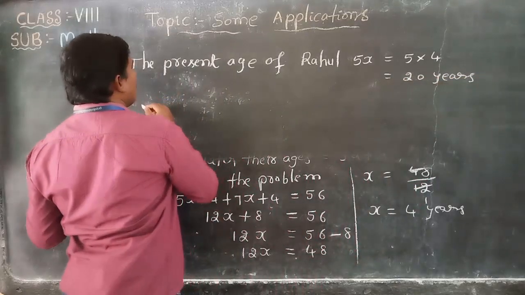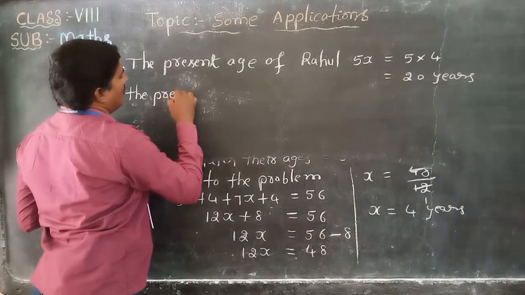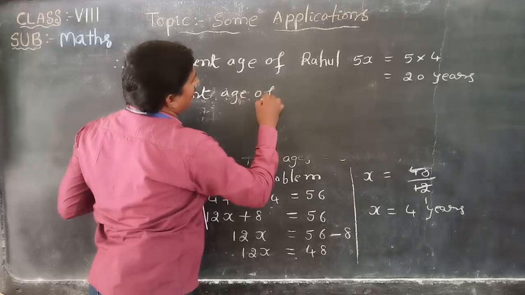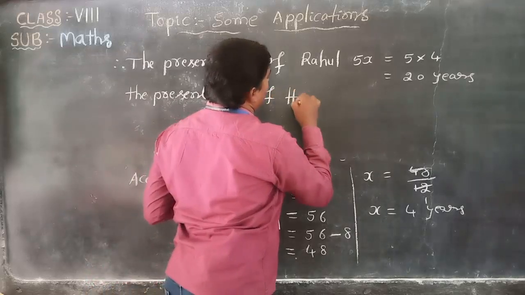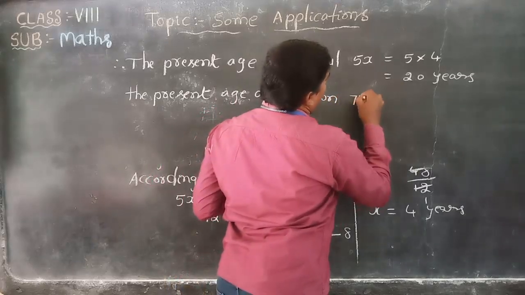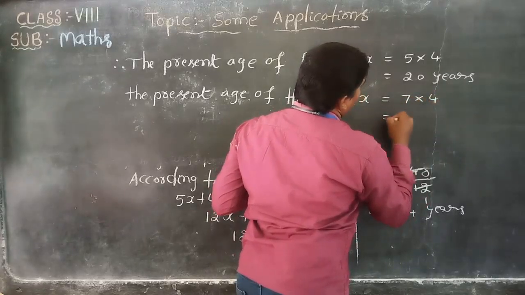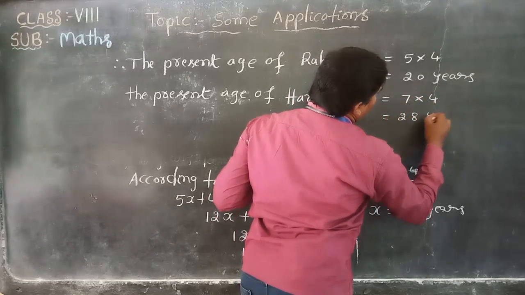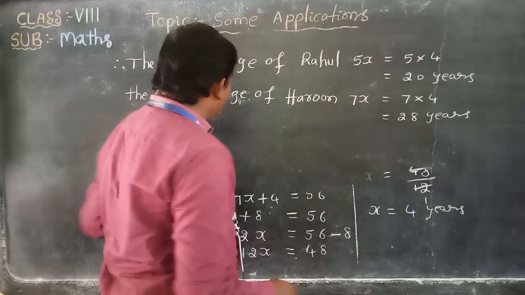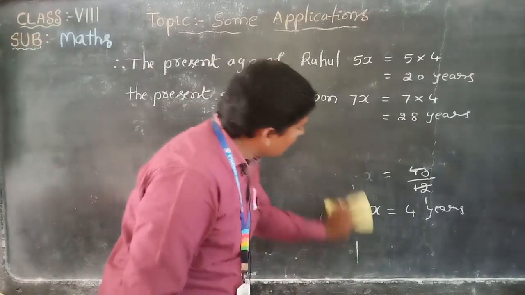Like that only the present age of Arun, 7x. 7x is equal to 7 into 4. 7 4s are 28 years. They given 56 after 4 years. 4 years later.